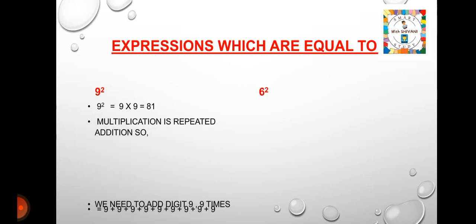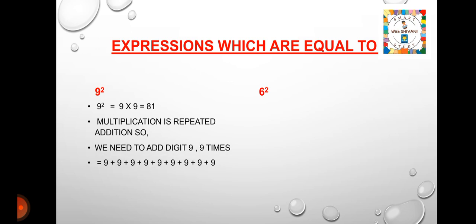So it means that we need to add the digit 9, 9 times. That is 9 plus 9 plus 9, 9 plus 9 plus 9, 9 plus 9 plus 9, which will give you the answer as 81.